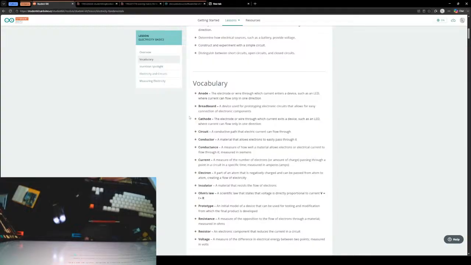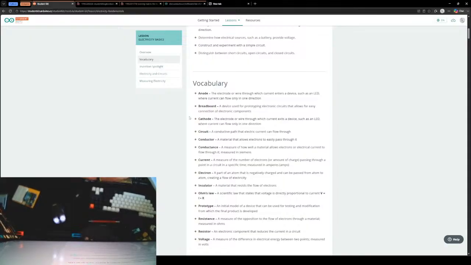Vocabulary. Anode: the electrode or wire through which current enters a device such as an LED, where current can flow only in one direction.